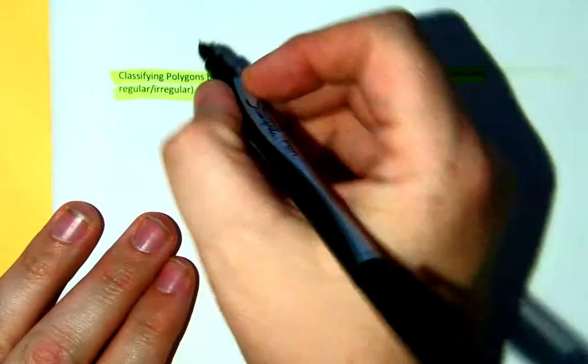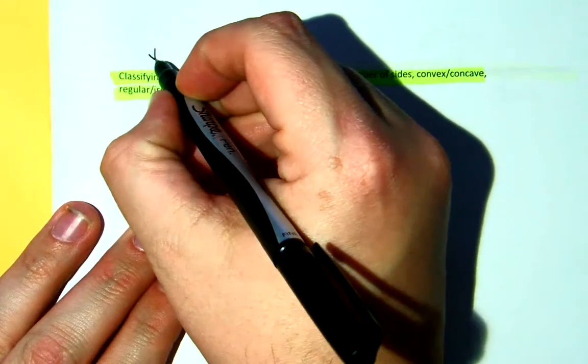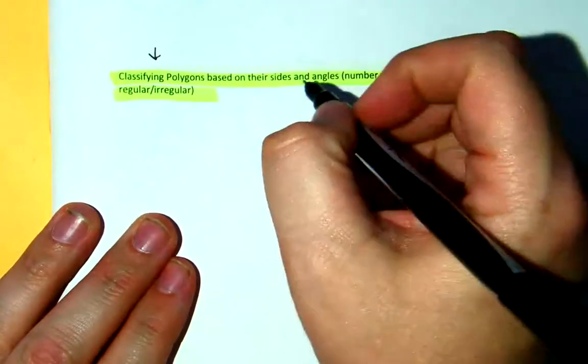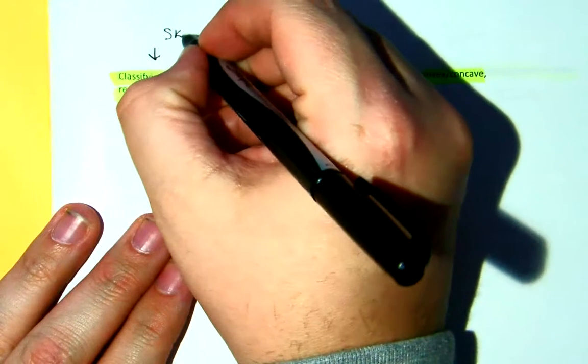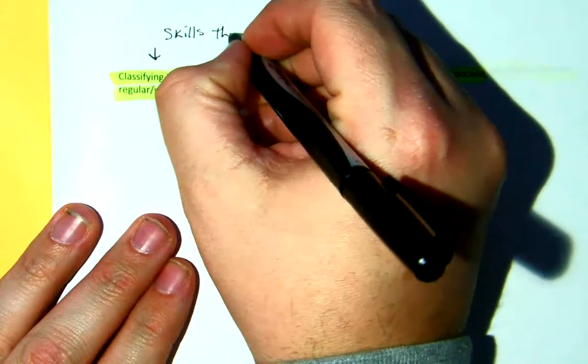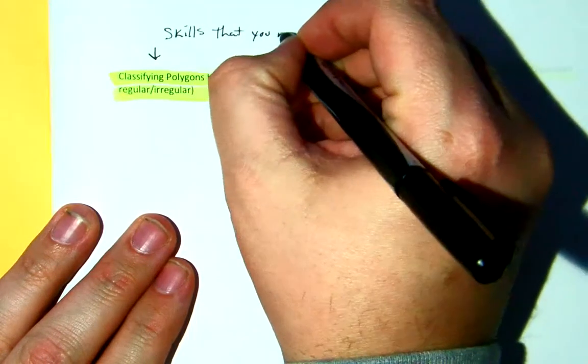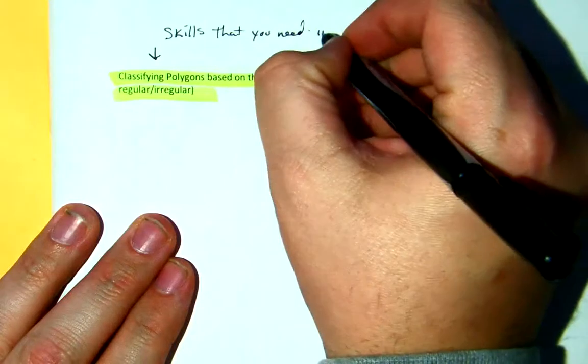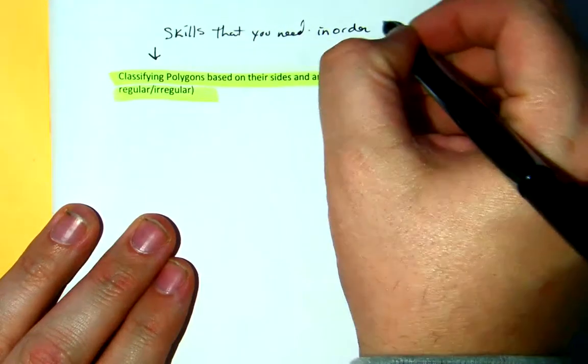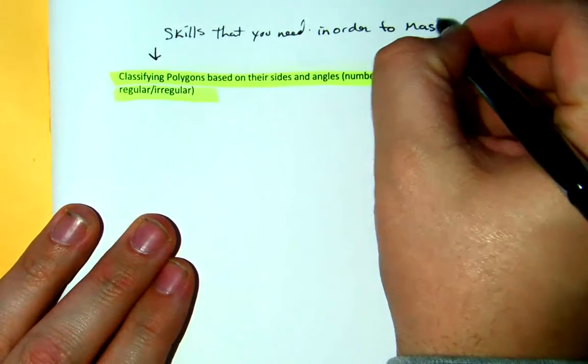Now, as you're reading the notebook, the things that are typed at the top are skills that you need in order to master this class.